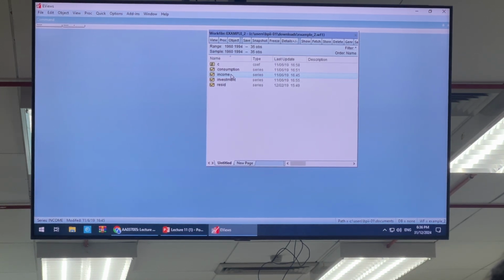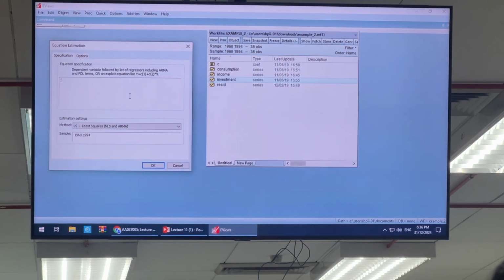So we need to estimate the reduced form equation, to regress consumption against investment. Given the investment is exogenous, not endogenous, then we can use OLS. So you just estimate as usual. So now we are estimating the reduced form, equation 4, instead of equation 1.